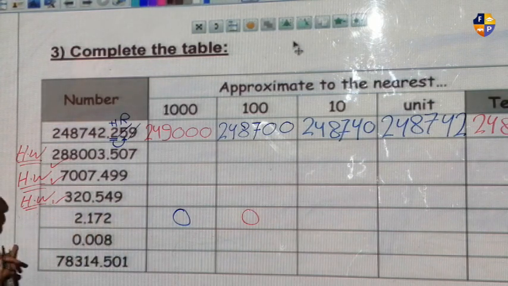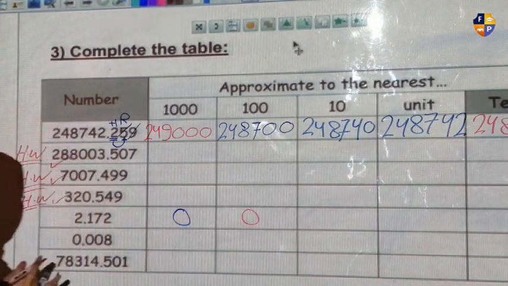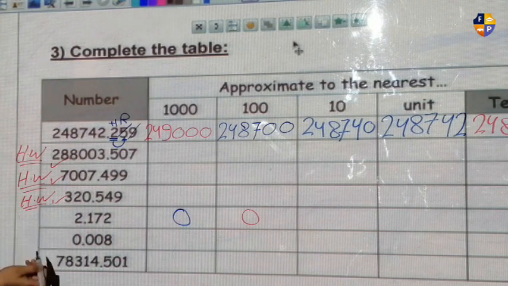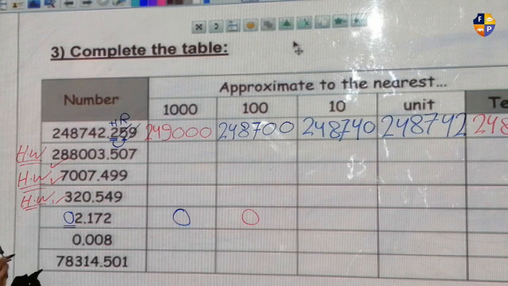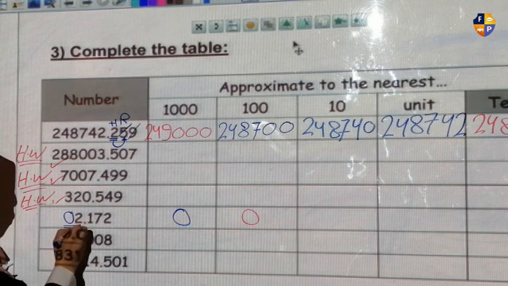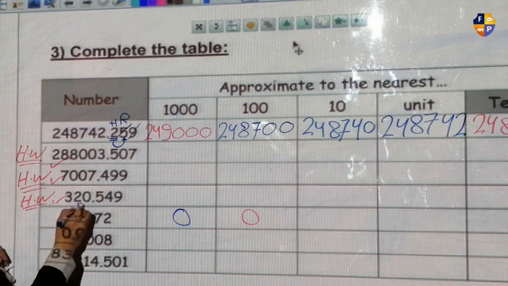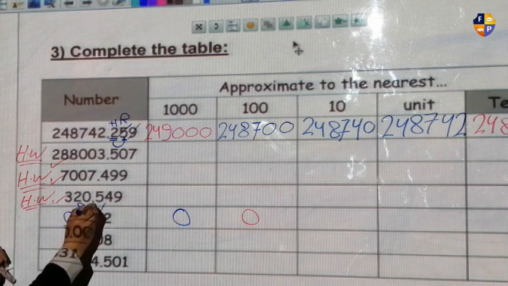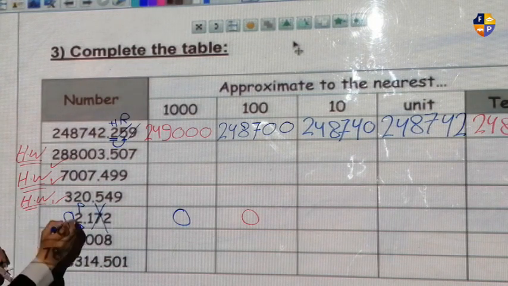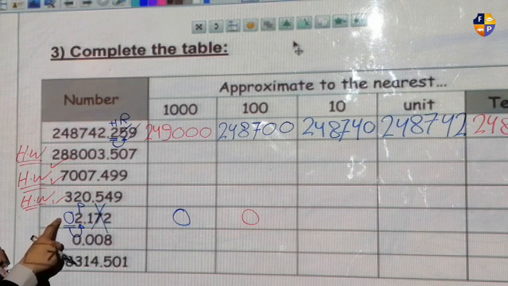And now approximate to the nearest 10. I don't have tens, so I will put 0 in tens to keep its place. Then underline the digit in tens. Look at the digit before tens, 2 in units. 2 is poor. So I will remove the decimal part, then put 0 in units and keep the digit in tens as it is.